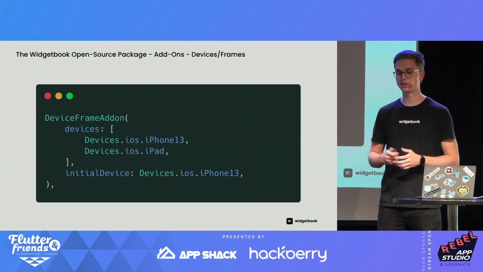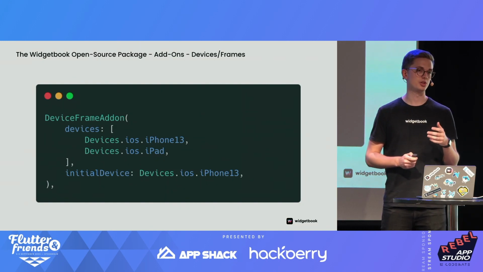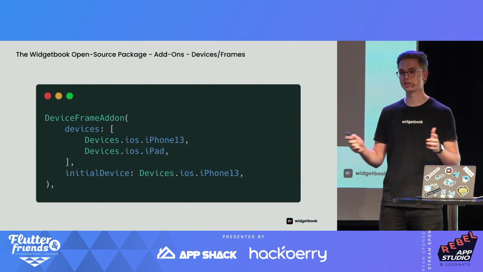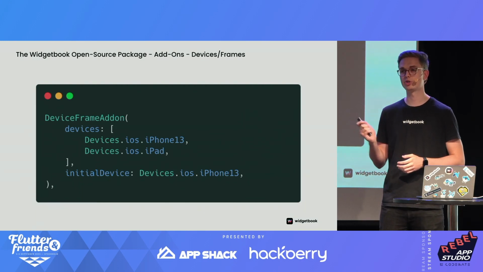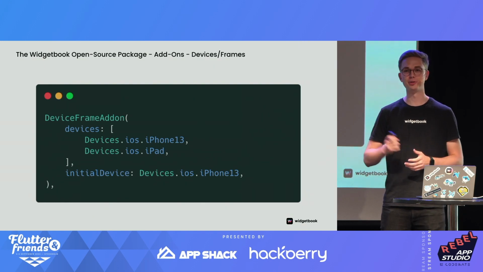And you can then also test your widgets based on different device sizes for responsiveness. In our case, we now include support for iPhone 13 or iPad, but you can really add whatever device to Widgetbook. So pre-built in Widgetbook, we support every Apple device that's available on the market. We try to do it with Android as well, but as you can imagine, you can hire one engineer full-time for a year to include every Android device.